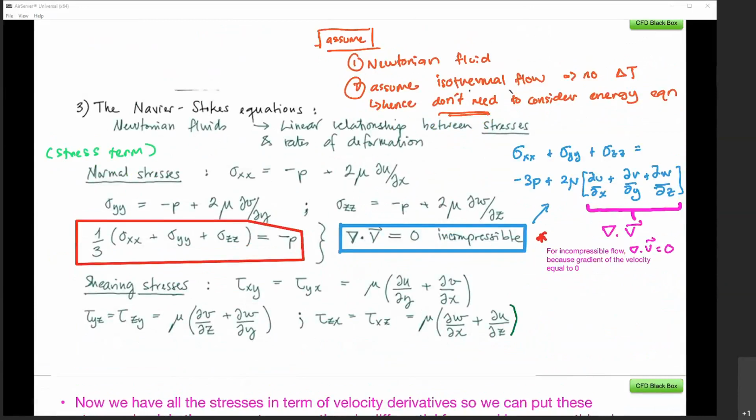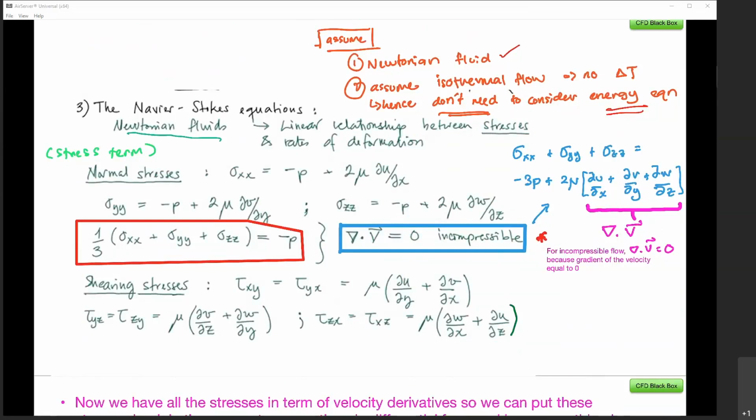We are going to use the assumption of a Newtonian fluid, and we are going to assume the flow is isothermal, meaning there is no temperature change. Because there is no temperature change, we don't need to consider the energy equation. The energy equation is relevant when we are dealing with temperature change. All right. So for the Navier-Stokes equations, for Newtonian fluids, we have a linear relationship between stresses and the rate of deformation.